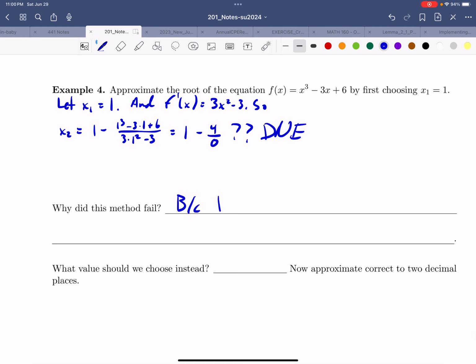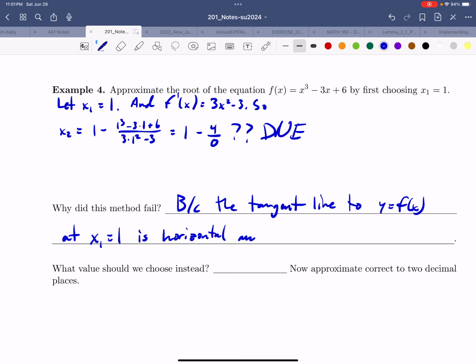Because the tangent line to y equals f of x at x1 equals 1 is horizontal and has no zeros.